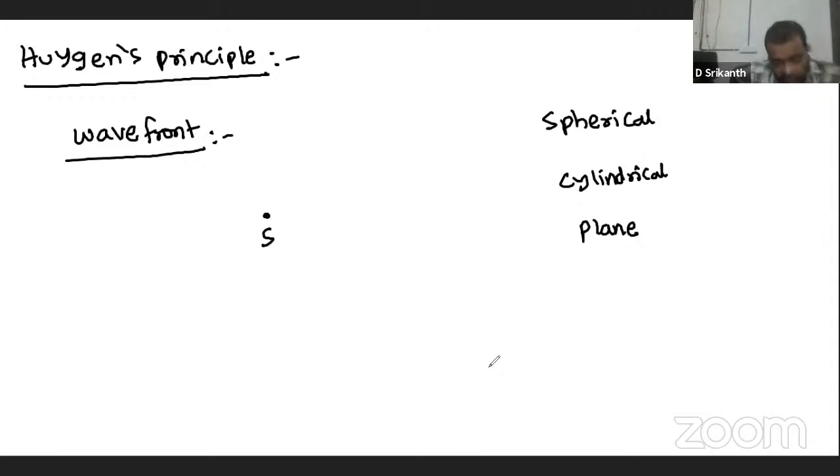In ray optics, you might have considered the object as a point object or an extended object. A point object means the size of the object is very small, like the nib of a pen.